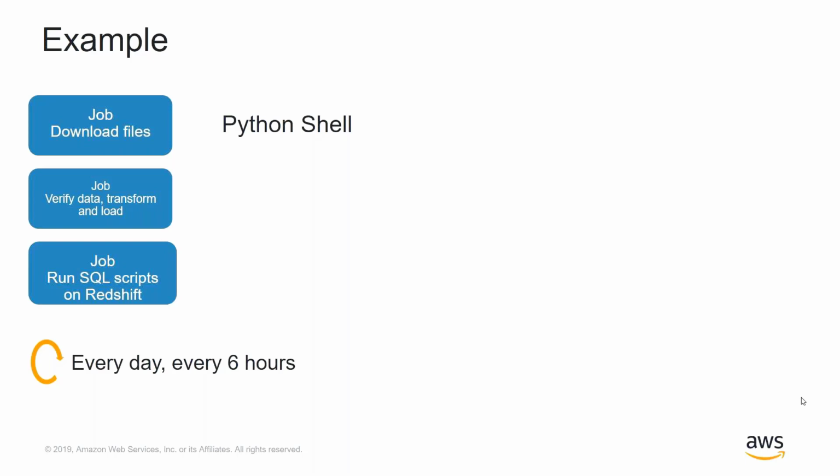job, which is downloading from SFTP, I think the Python shell capability in Glue is going to be perfect. The reason for that is you can multi-thread this if you want. You can do this pretty easily using just Python.